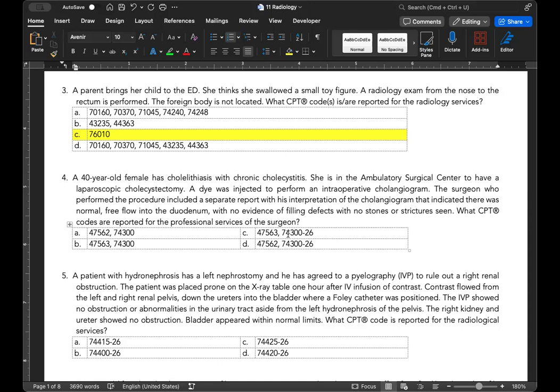So we should use the 74300 with a 26. Okay. So again, we are only coding for the professional services. So we should make sure that we report only the professional services and not a global component so that we don't get paid for the technical when we don't own the equipment. Does that make sense?